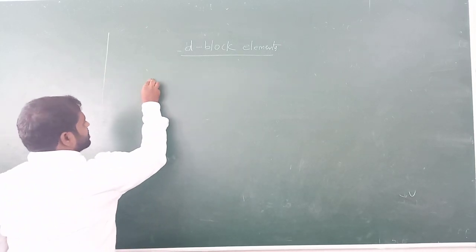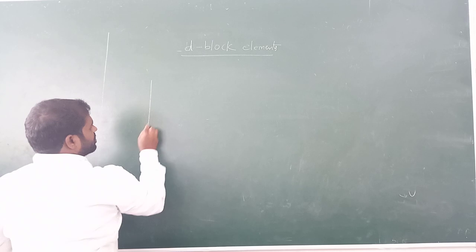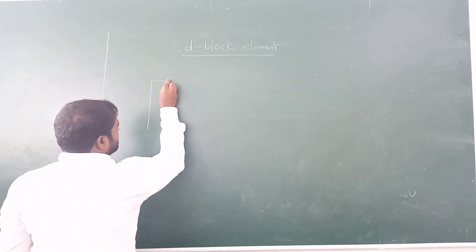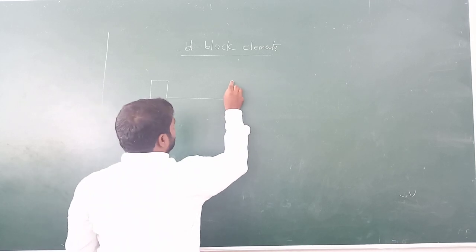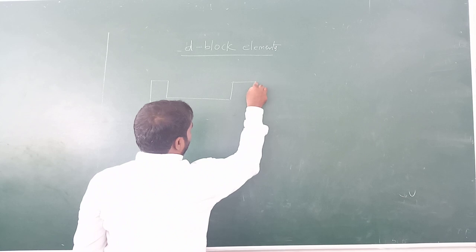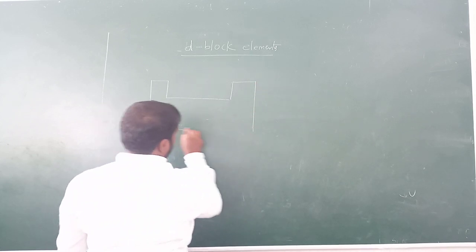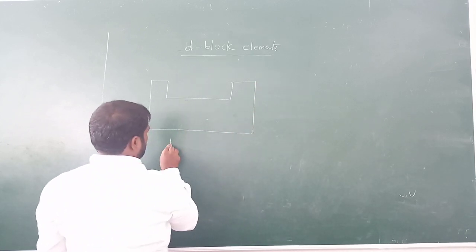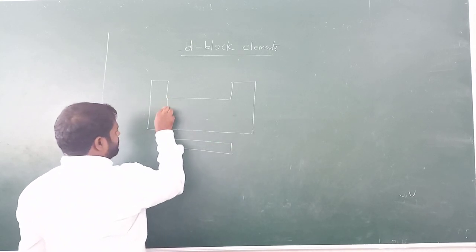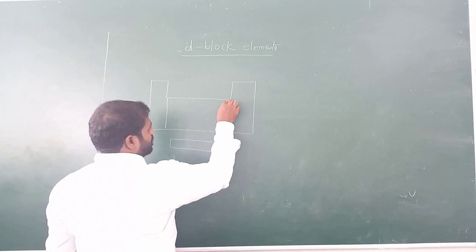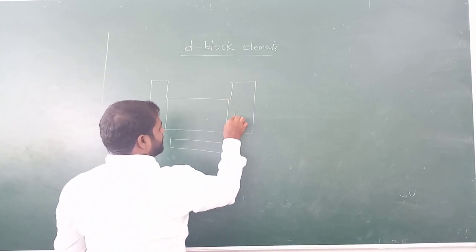That means if you observe the long form of the periodic table, it is like this. This is p block.